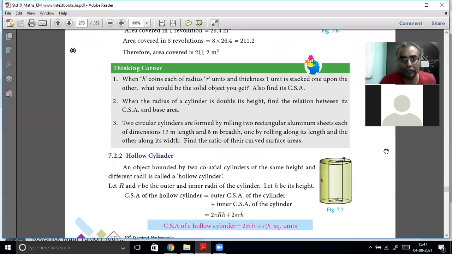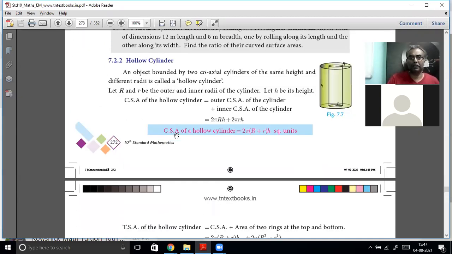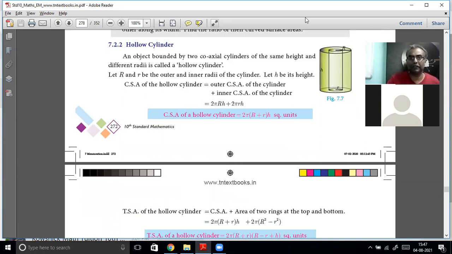Now we will go back to the new subject, hollow cylinder. What is this hollow cylinder? Look at the diagram here. It's like a cylinder inside a cylinder.